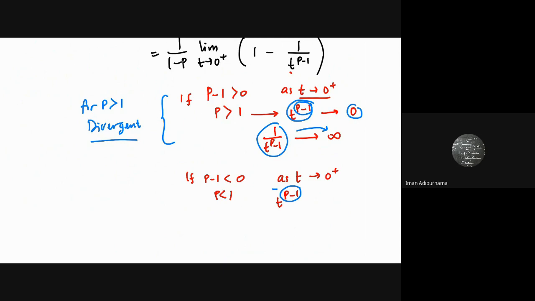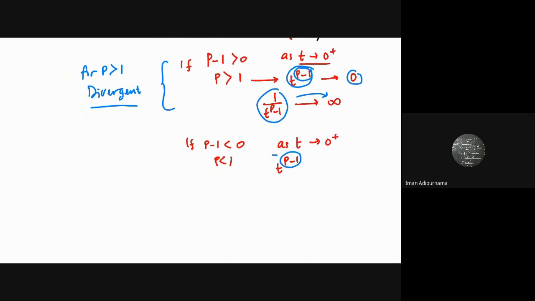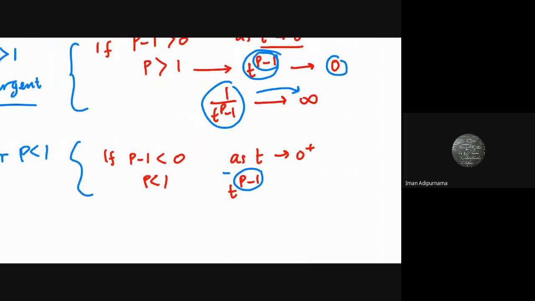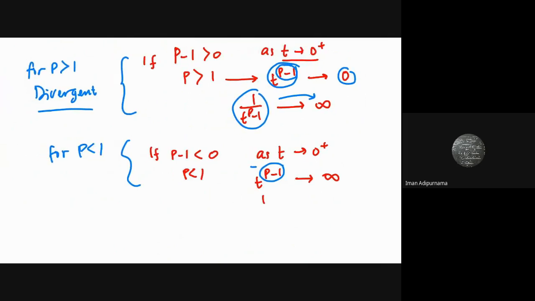So for p less than 1, we can say that this part is infinite because this is 1 over t. So for 1 over t to the p minus 1, this seems to be 1 over infinite in the limit. So this will result in 0, which means that this will be convergent.